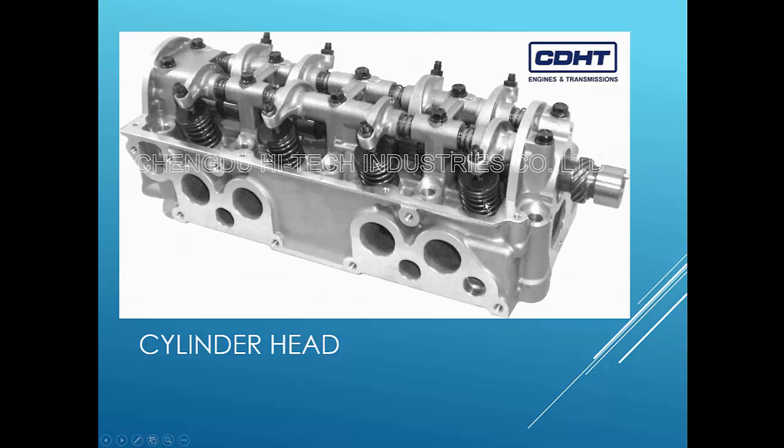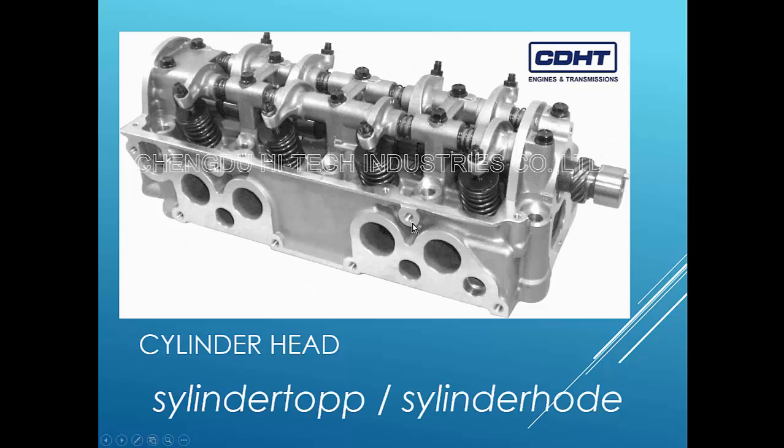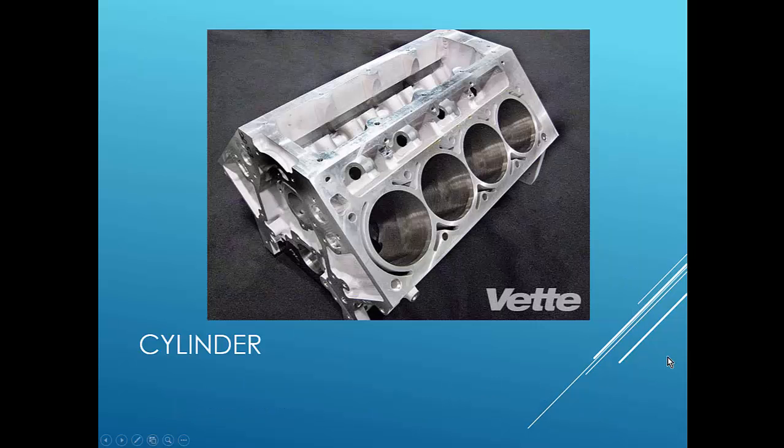So you've got the intake and the exhaust valves, and if they're going down they need to come back up, so they have springs and lifters. And so you can see here lifters and the springs, and the valves actually go inside of the cylinder head. Okay, you say cylinder top or cylinder holder. So that's pretty straightforward.